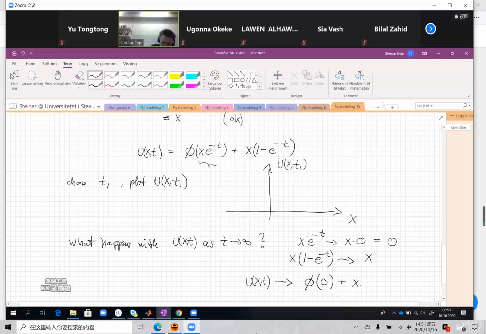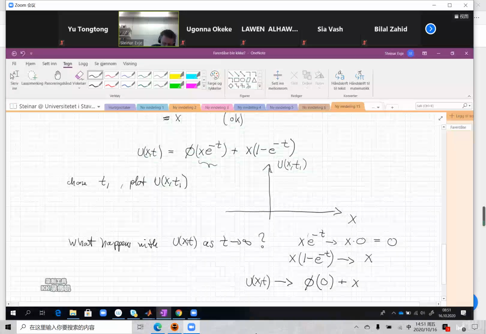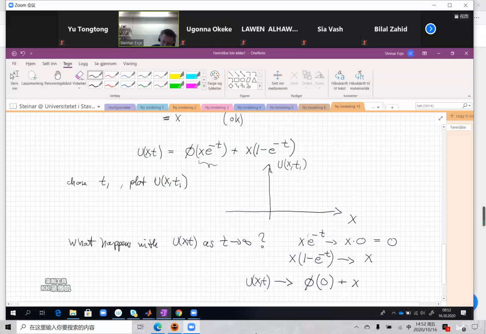So it will be equal to the linear function x plus some constant. So that can be good to have in mind when we are going to plot the solution, where we also choose time t to be quite large.